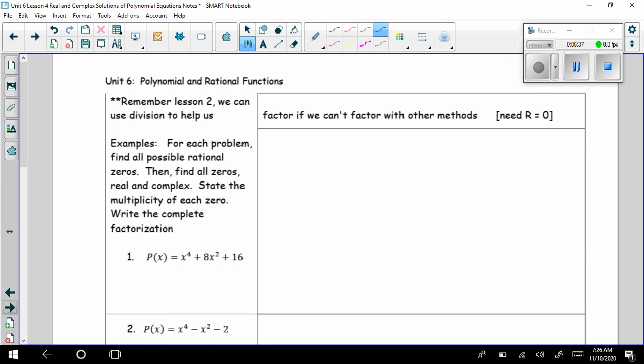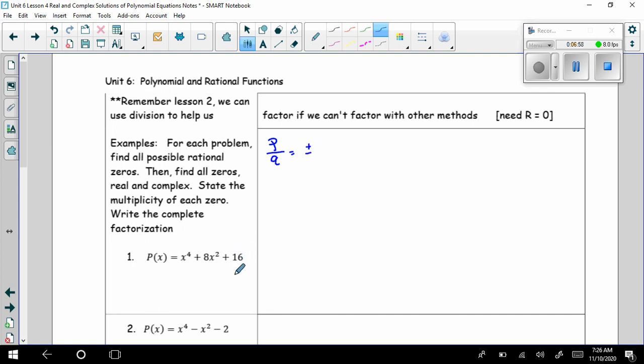Okay, so we're going to just look at each problem here and find all possible rational zeros, and then I'm going to show you how to find the zeros themselves. So just solving this out. First we list p over q, plus or minus.